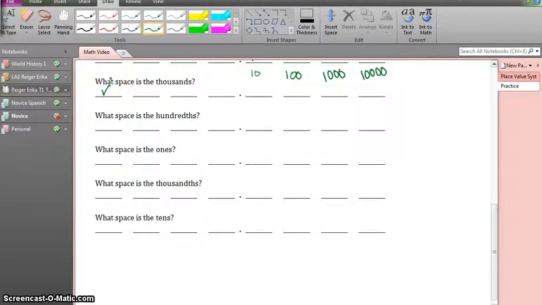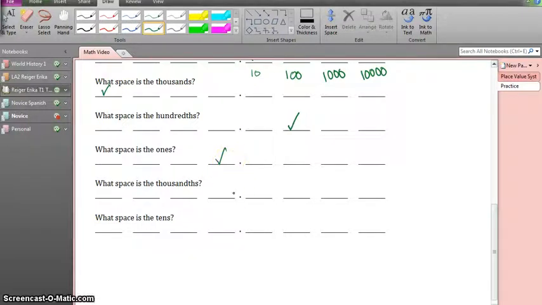What space is the hundredths? This space is the hundredths because when you go tenths, hundredths, thousandths, 10,000ths. What space is the ones? This is an easy one. This space is the ones because you go left to the decimal 1 place.